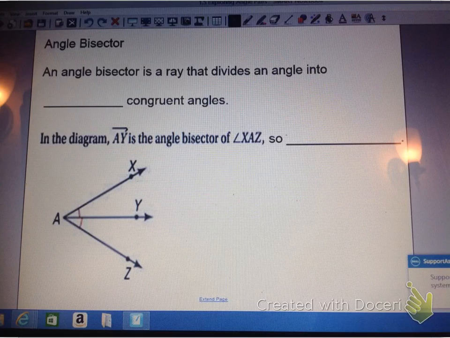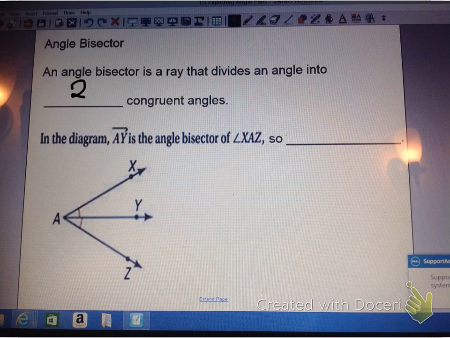Okay, 2 more slides. We're going to talk about an angle bisector real quick here. If you remember, we were talking about segment bisectors the other day. When you hear the word bisect, it means to split something in half. So an angle bisector is a ray that divides an angle into two congruent angles.